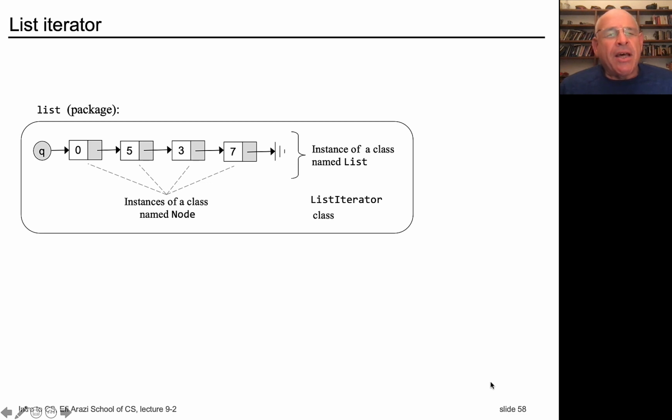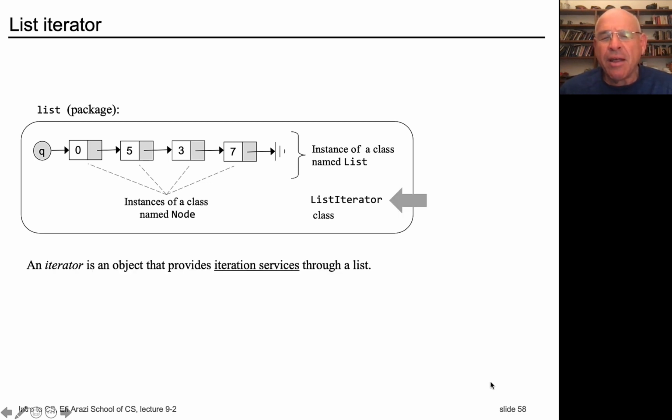So here is the basic architecture of our list package. And there was this list iterator class that I promised to discuss, and now the time has come to talk about it. So an iterator is an object that facilitates services for iterating through a list to the client code.